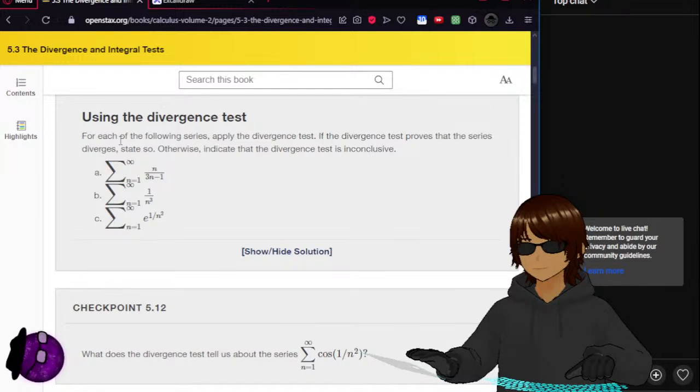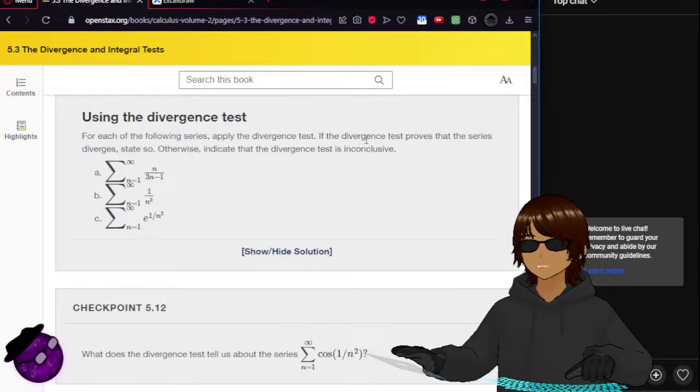Divergence test. For each of the following series, apply the divergence test. If the divergence test proves that the series diverges, state so. Otherwise, indicate that this divergence test is inconclusive.